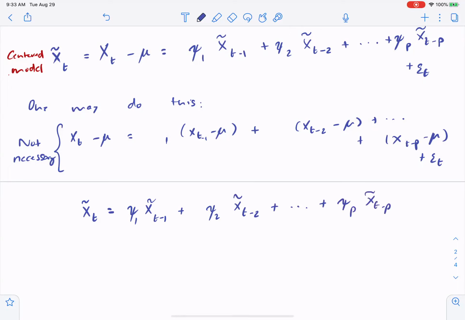It's just the notation. The book will use psi, will use phi, will use theta. We are going to do the same thing.